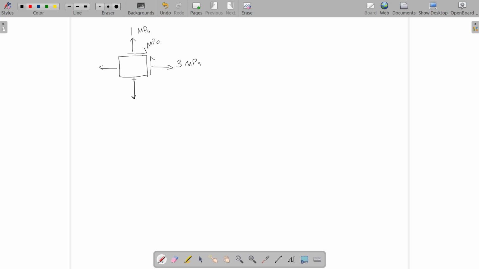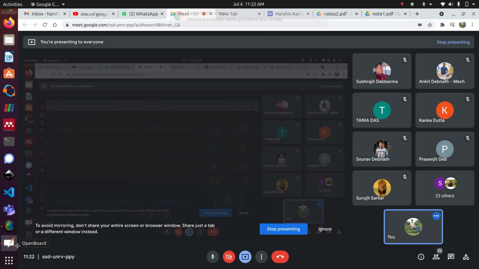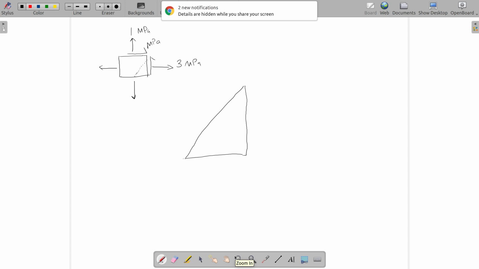Let's say we make a cut in the control volume through that line, and this is an enlarged view of the same element. Now let's say this is some angle, let's say 25 degree.